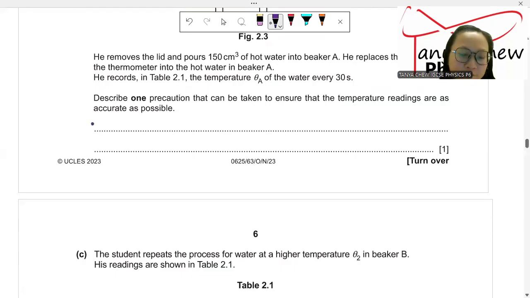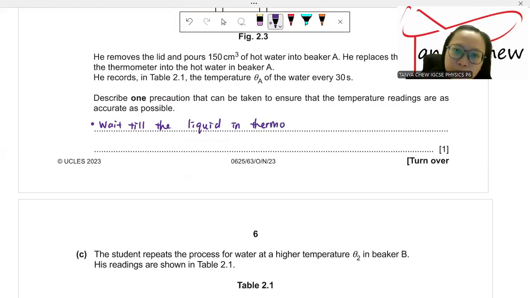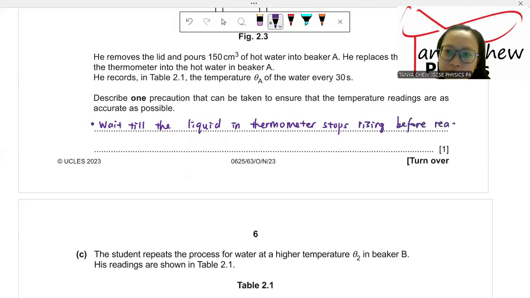So I will say that first one, wait till the liquid in thermometer stops rising before readings are taken.